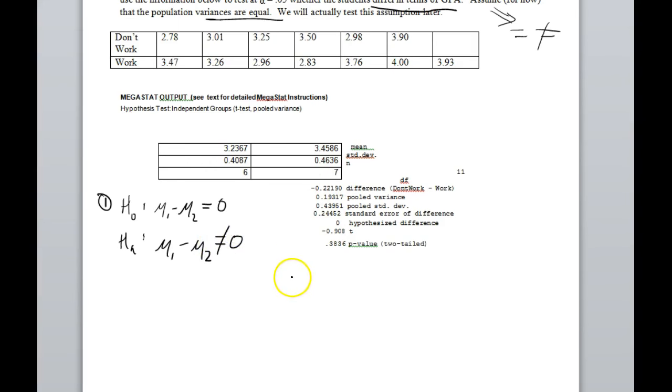Another way to write this would be H naught, HA, and we could just say mu1 is equal to mu2, and mu1 is not equal to mu2. Take a second, look at those, and remind yourself why those are the exact same thing. Okay, I tend to think that the second way is a little bit easier cognitively.